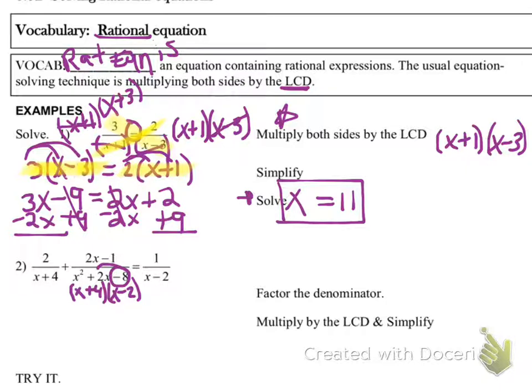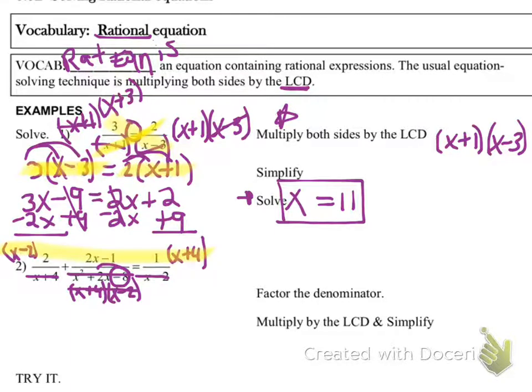If you want to ignore the denominators altogether and just say, oh, this one is missing an x plus 4. I know x minus 2 and x minus 2 will cancel. This middle one is missing nothing. This one on the first one, it already has the x plus 4, so it's just missing x minus 2, right? So then we can kind of ignore the denominators and just focus on the numerators up top here.